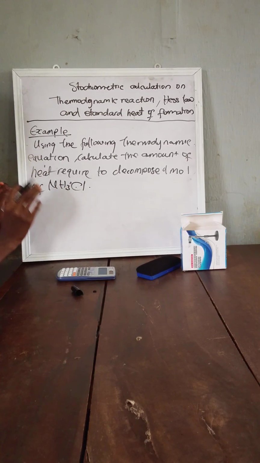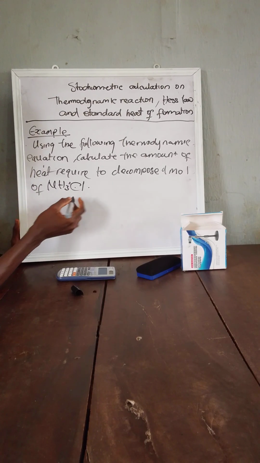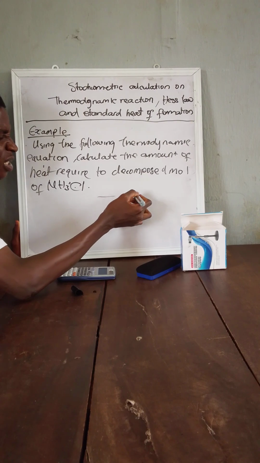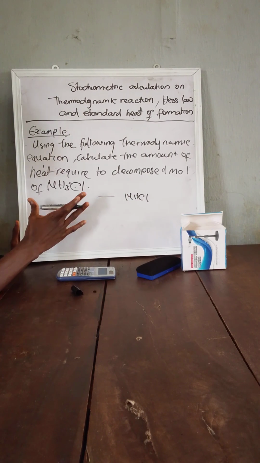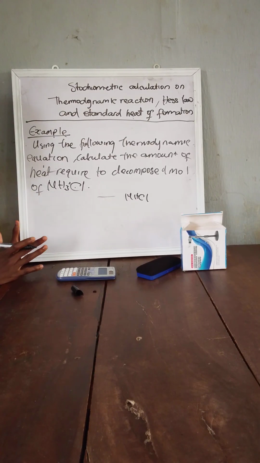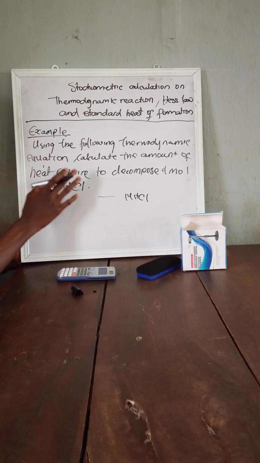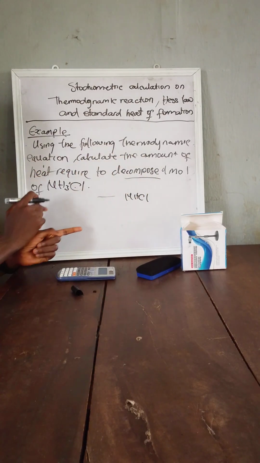To decompose 4 moles of ammonium chloride, meaning that in the initial equation that will be given, NH4Cl is being produced. But in the question, the NH4Cl will decompose. So automatically you have to reverse that particular equation.